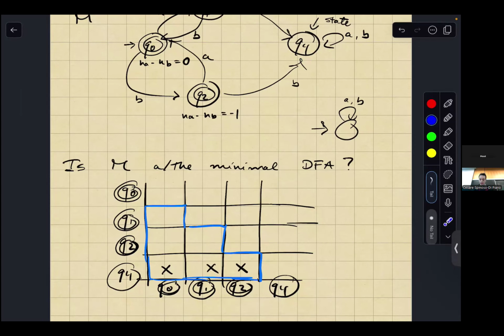Okay, so that was the first step of the minimization algorithm. The second step is checking the distinguishability condition.